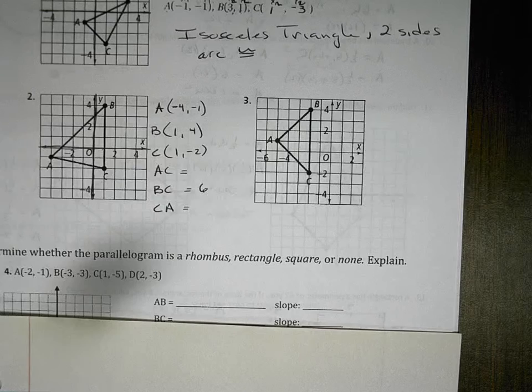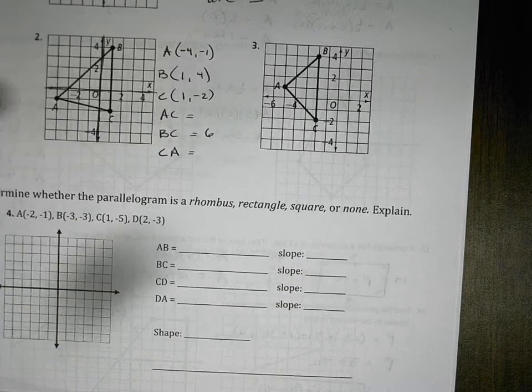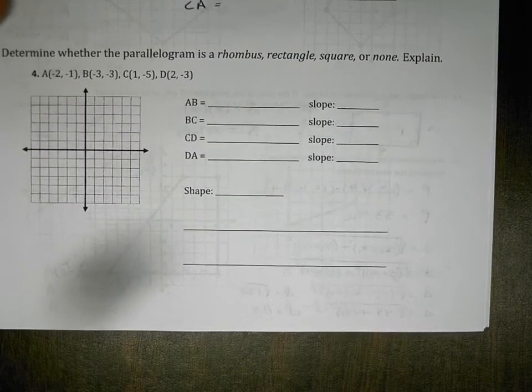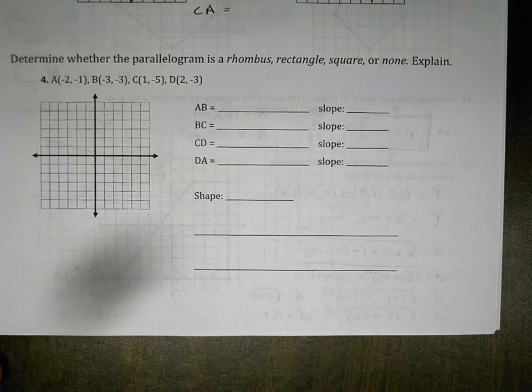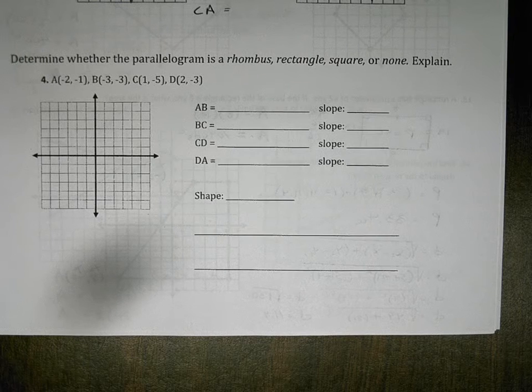Okay, so let's go on to number 4. This is the last one I'm going to help you with. It says determine whether the parallelogram is a rhombus, a rectangle, a square, or none. Explain. So before we do that, we have to review the characteristics of a rhombus, a rectangle, a square, or none.